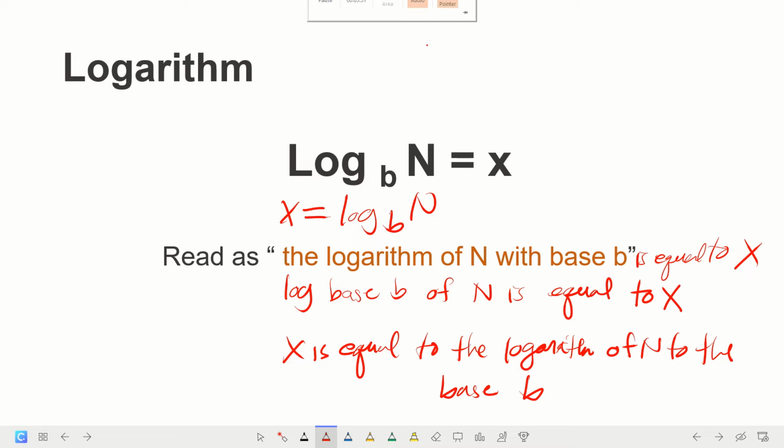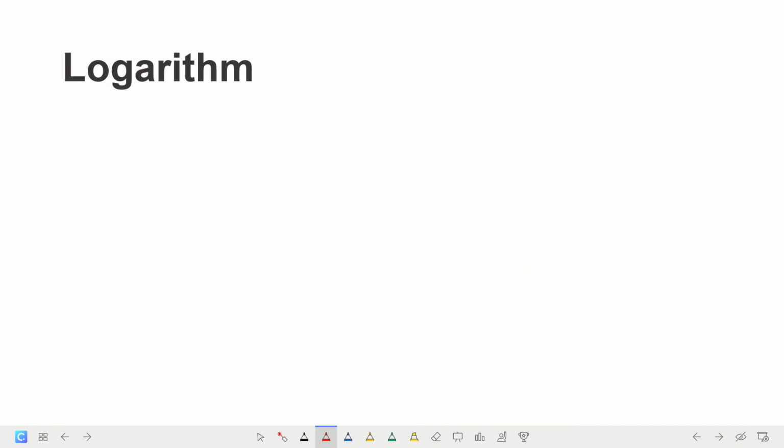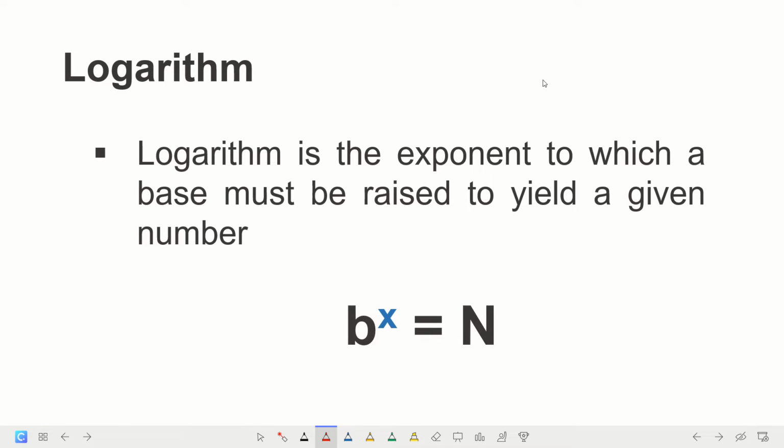So, for example, we have here this logarithmic equation. So, to read this, we can read this as the logarithm of 4 to the base 2 is equal to 2, or log 2 of 4 is equal to 2. So, yun yung pagbasa nito. So, logarithm is the exponent to which the base must be raised to yield a given number.